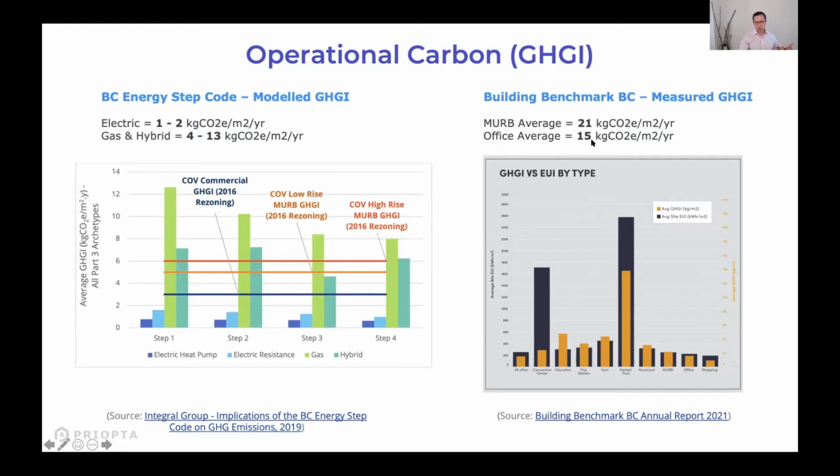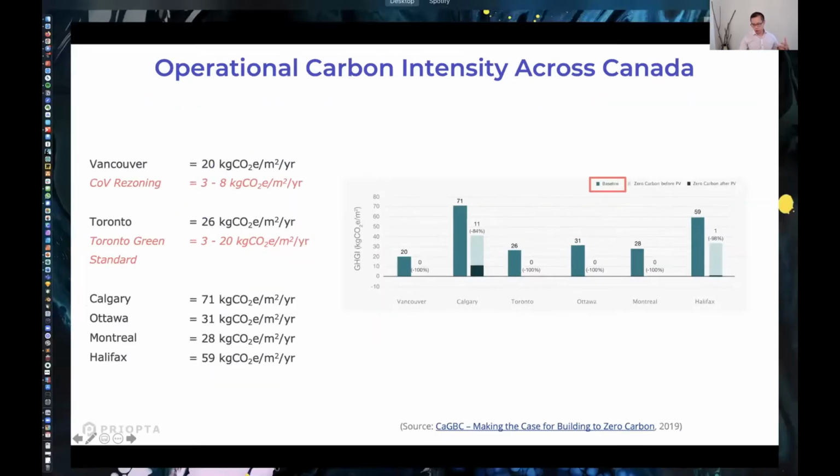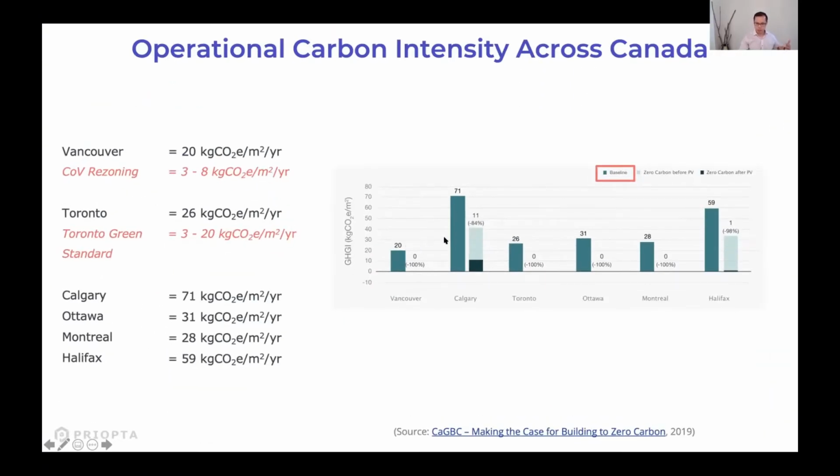On average, multi-unit residential buildings are around 21 kilograms of CO2 per square meter per year, offices are around 15. So that gives you some context for operational. And then, across different cities, you can see big differences. I mentioned before, in Vancouver, in BC, we have very clean hydroelectricity.